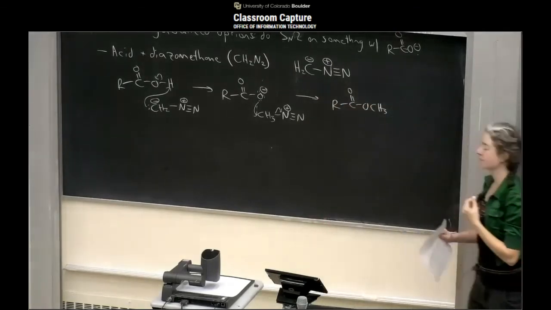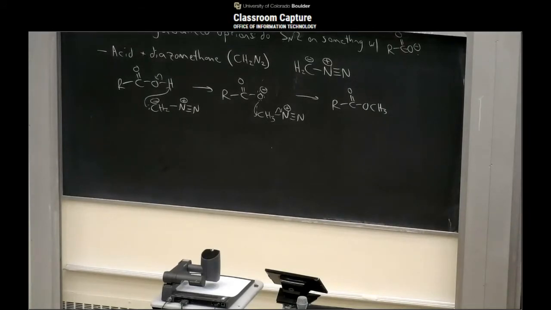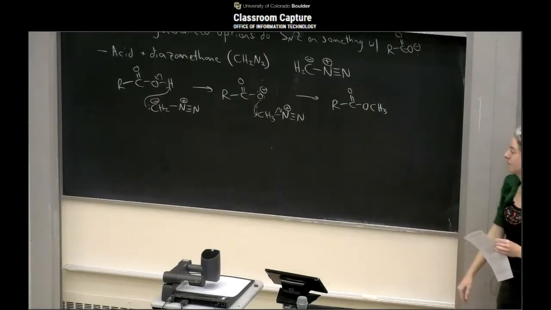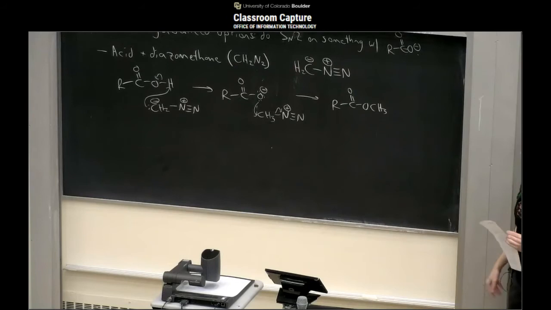Okay, so that's great for making methyl esters, just because diazomethane is actually not too difficult to make in the lab. You can buy a special piece of glassware, a special setup called a diazomethane generator, that churns out this stuff, and then you just immediately pump that gas into your carboxylic acid solution, and you make the methyl ester out of it.